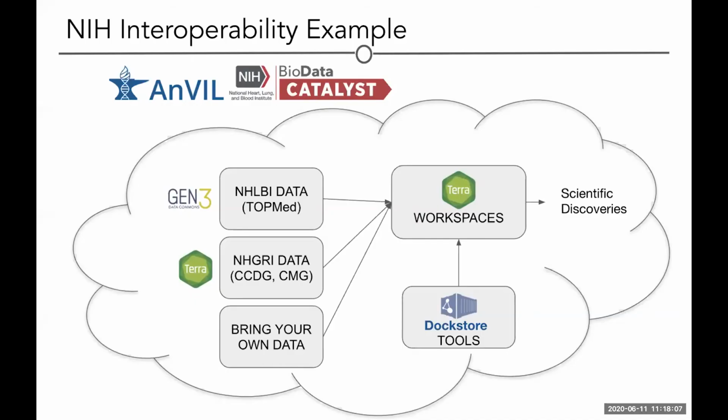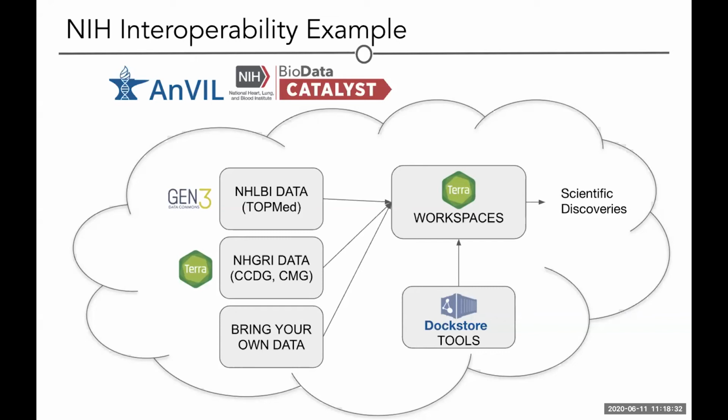I also wanted to highlight an NIH interoperability example. This is where AnVIL and other NIH initiatives are trying to go in the future. And so I wanted to highlight one that is potentially available to you all today. NHGRI's cloud initiative is called the AnVIL, and NHLBI, the National Heart, Lung, and Blood Institute, has a similar initiative called BioData Catalyst.